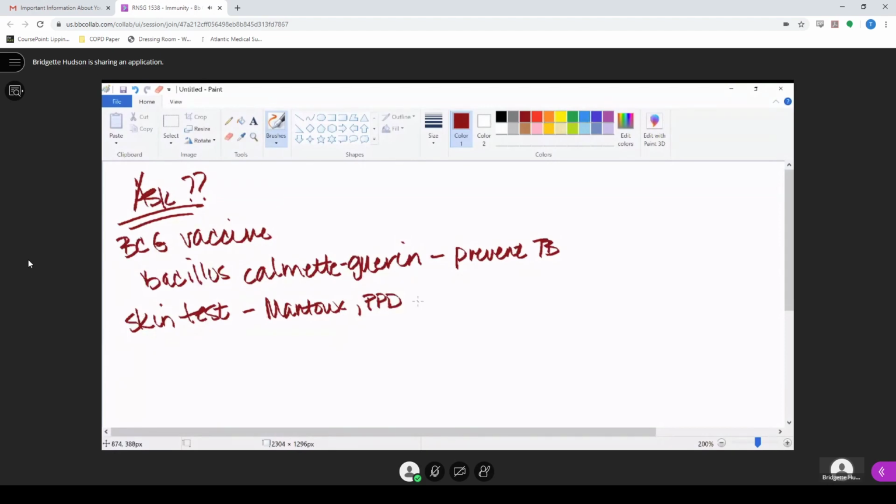So when they get the, go ahead. It's the protein what? Purified protein derivative? Yes, purified protein derivative. That's what that stands for.